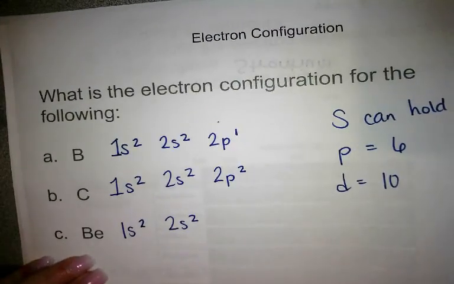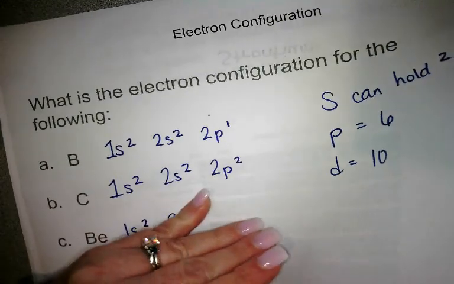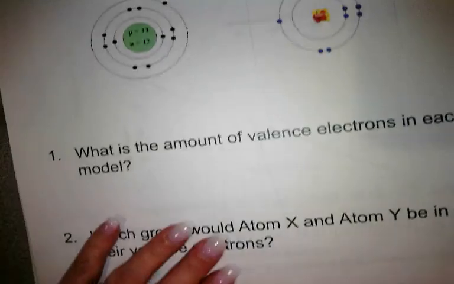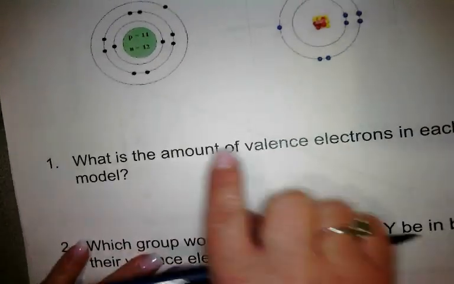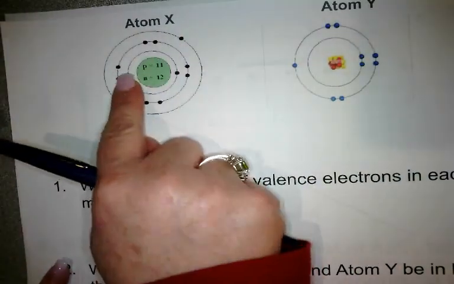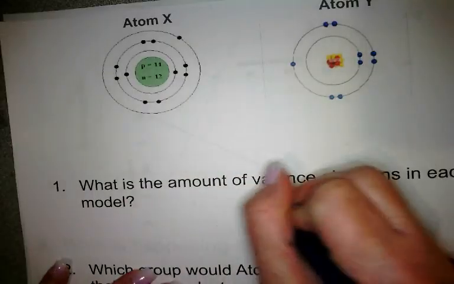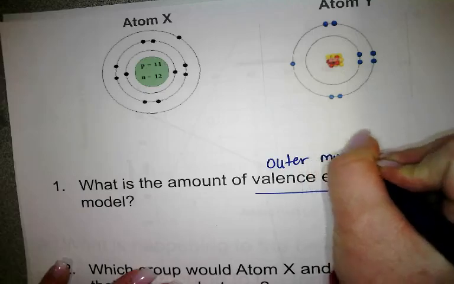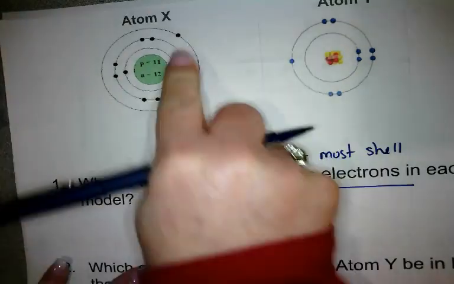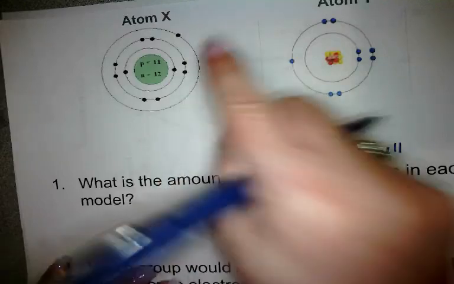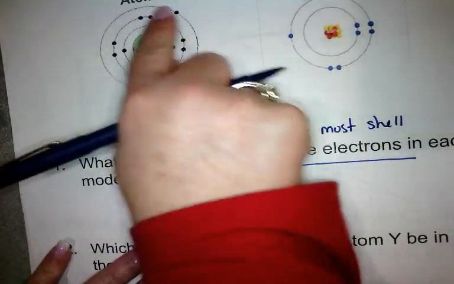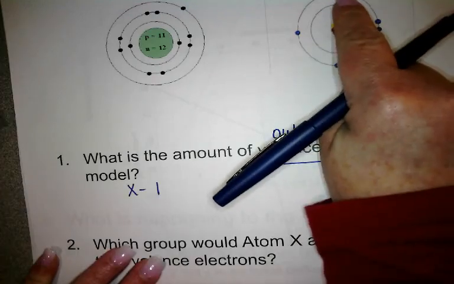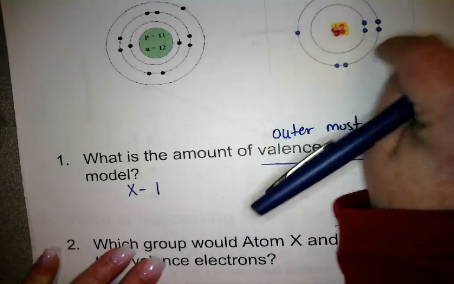Okay, so we have those. Then you will have one of these as well. It's going to ask you for the valence electrons, which are the outermost shell. How many does atom X have in the outermost shell? Atom X has 1, atom Y has 1, 2, 3, 4, 5, 6, 7. Which group would X and Y be in based on their valence electrons?